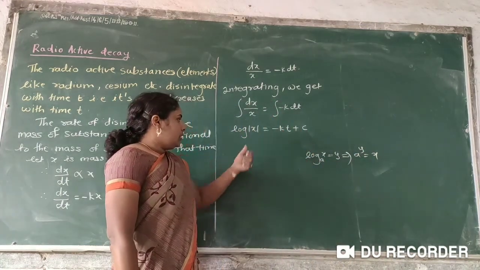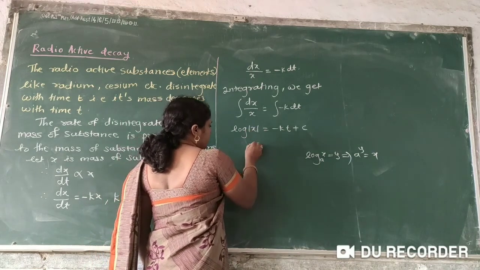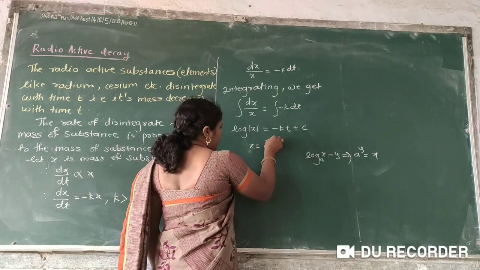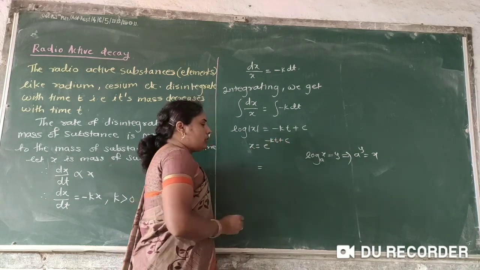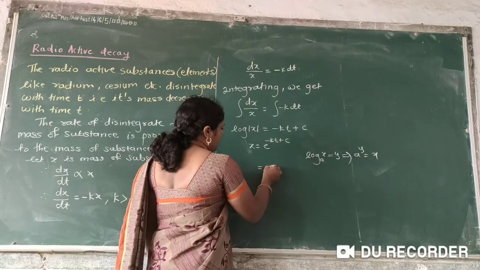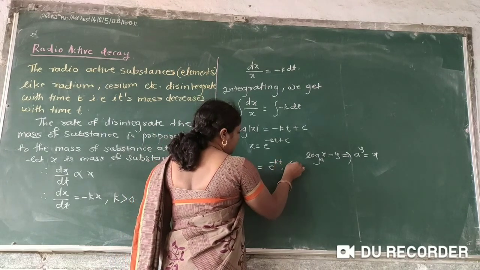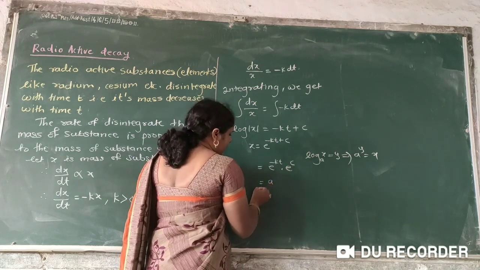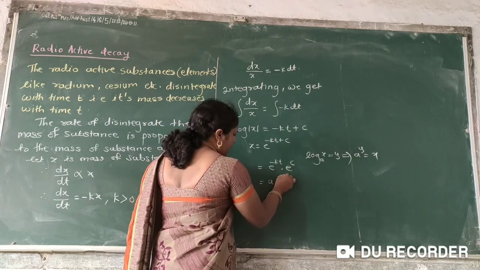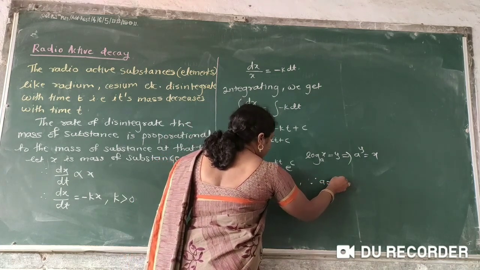In this way, we get x is equal to e raised to minus kt plus c, and using the rules of indices, we get e raised to minus kt into e raised to c. But e raised to c is a constant, say a, therefore x is equal to a into e raised to minus kt, since a is equal to e raised to c.